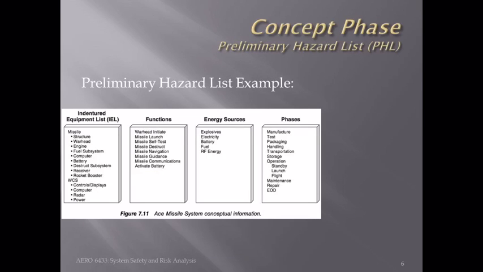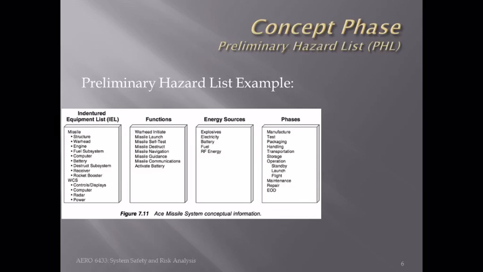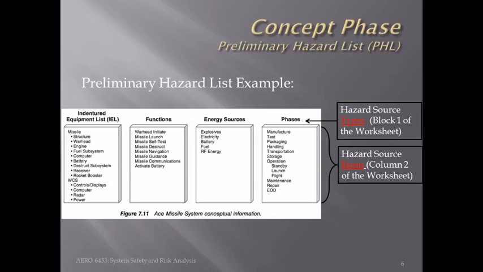Just one more example of the hazard source types versus items from your text, and the ACE missile example that we will go into in just a second. Here are the higher level hazard source types, and then down is the hazard source items, just as a further example. So the types and the items.